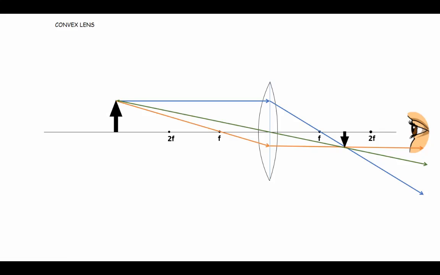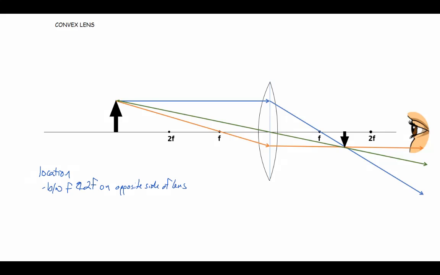So let's start with the location. Location is going to be on the opposite side over here, and it's going to be between F and 2F on the opposite side of the lens.